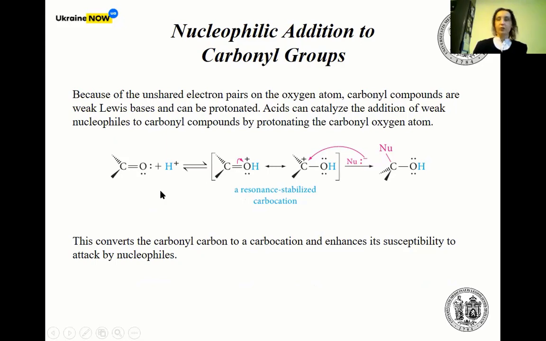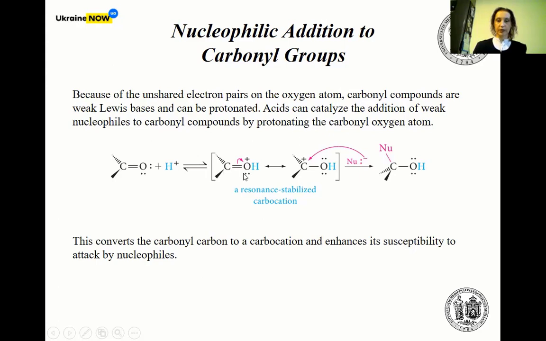If we have a weak nucleophile, we need to increase the strength of this reagent. Then the reaction with some nucleophiles will be better in the presence of a proton.